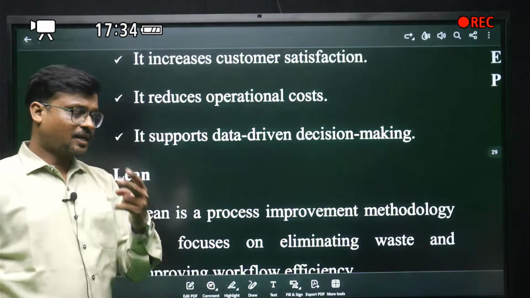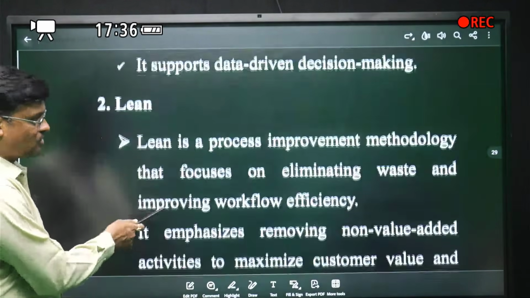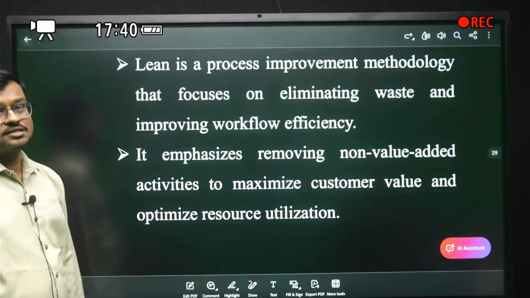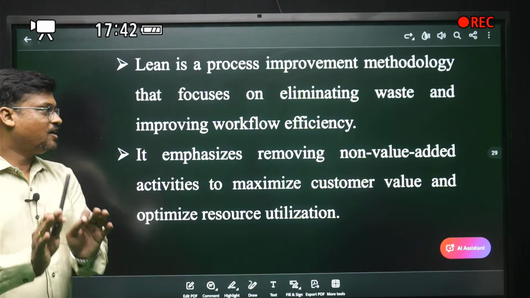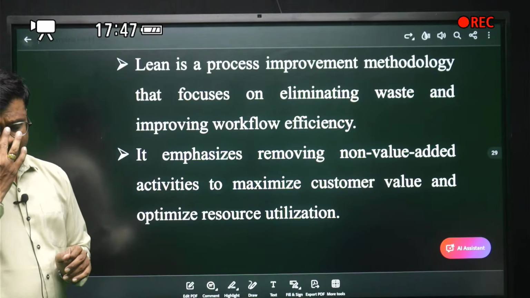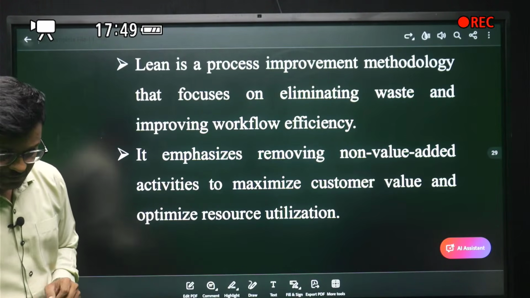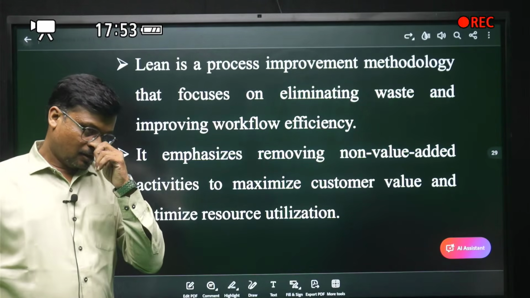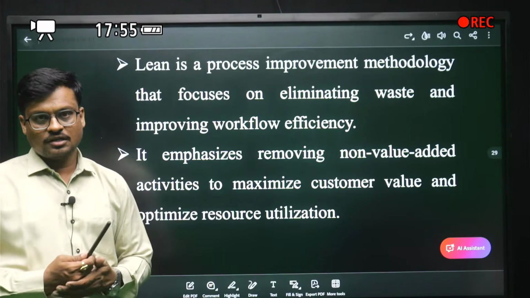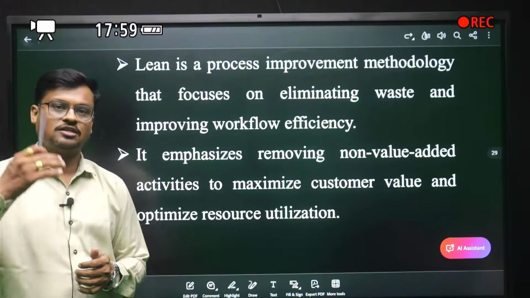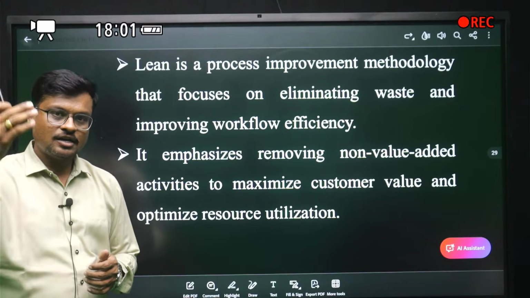Okay. The second methodology is the Lean methodology. Lean is a process improvement methodology that focuses on eliminating waste and improving workflow efficiency. If you find any variable or data element which is not contributing to the strategic planning of your organization or to its decision making, you consider it as waste and you eliminate it.